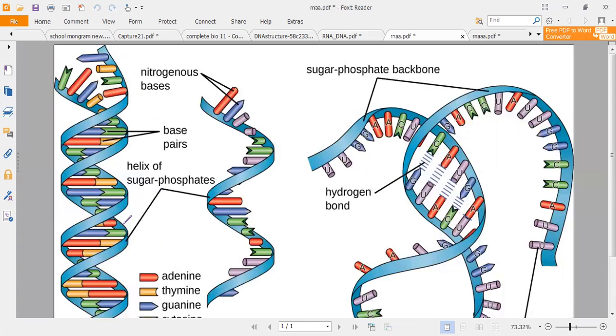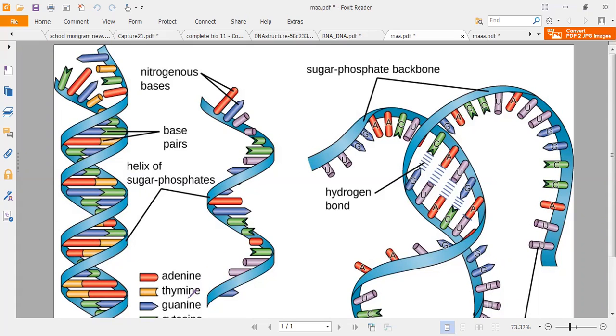You can see here the process of transcription. This is DNA. Now it's breaking apart here with the help of enzymes, and it makes a copy of its message which is given here. That is the single-stranded helical structure. It also has a sugar-phosphate backbone outward, and all the nitrogenous bases are attached to it.